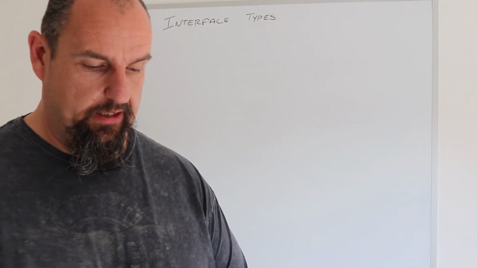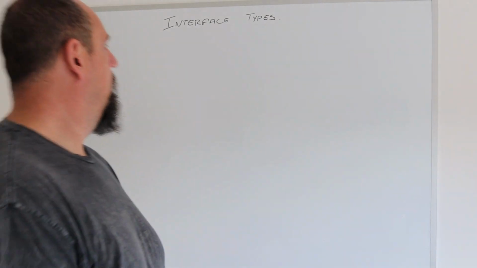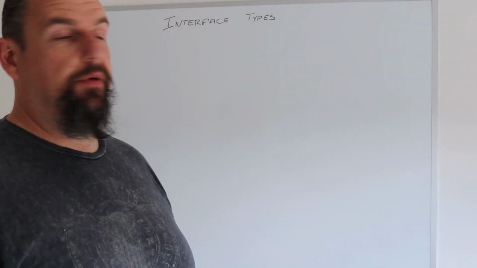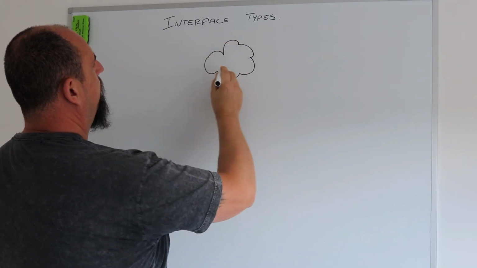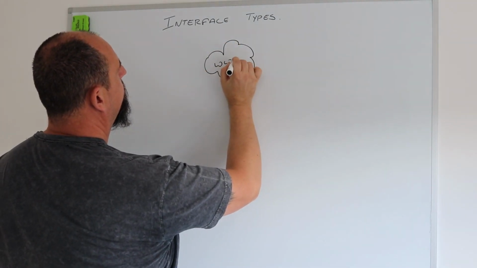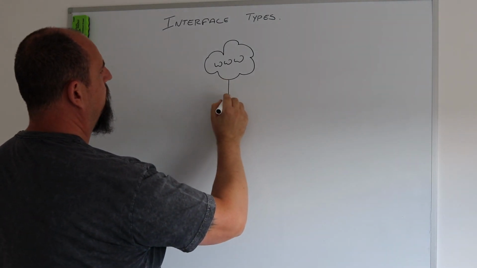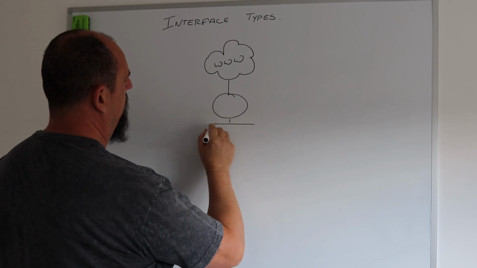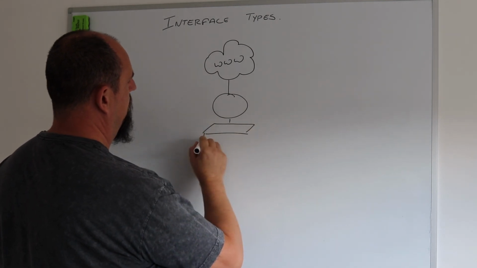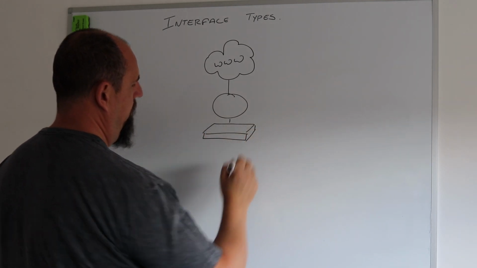Okay, so let's just say you have an existing topology. So we have a wee cloud here. From that we've got our router, and then underneath that we have our switch.